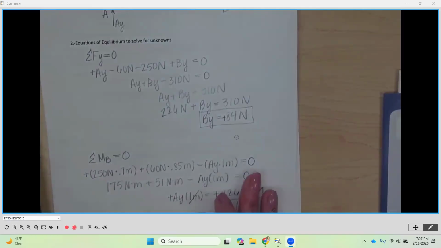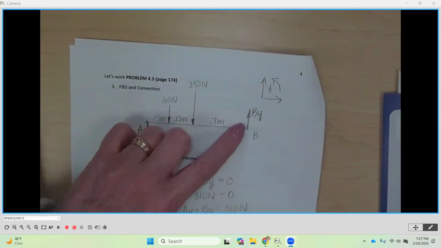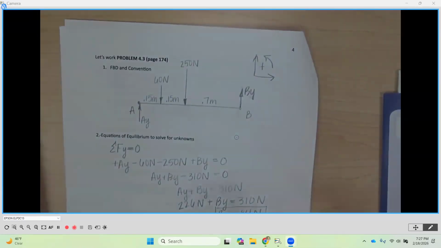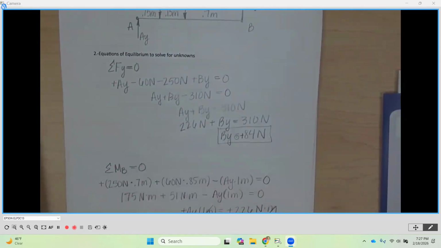There's no shame in getting a negative value as long as you fix it. We never have a final answer as a negative value. That's your clue that I don't have the right direction. I just need to change that direction. So I always look at what your final direction is, making sure that you have a positive number here.